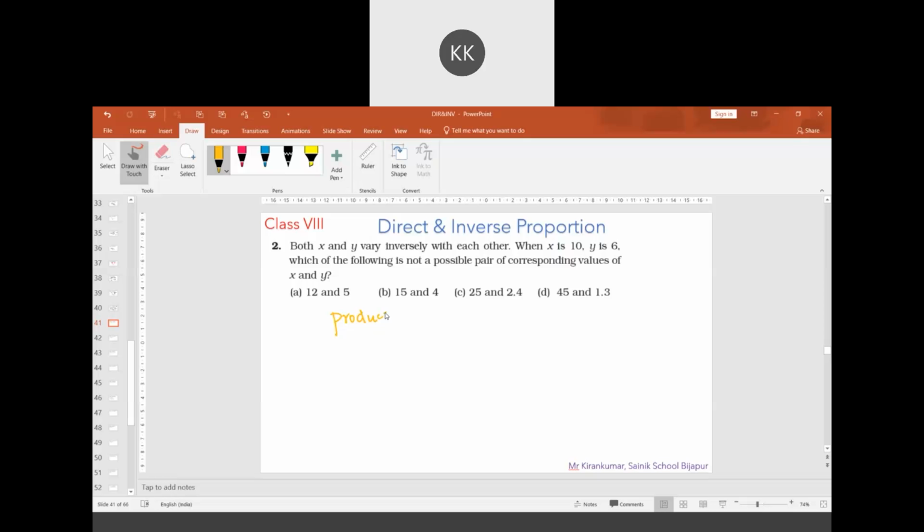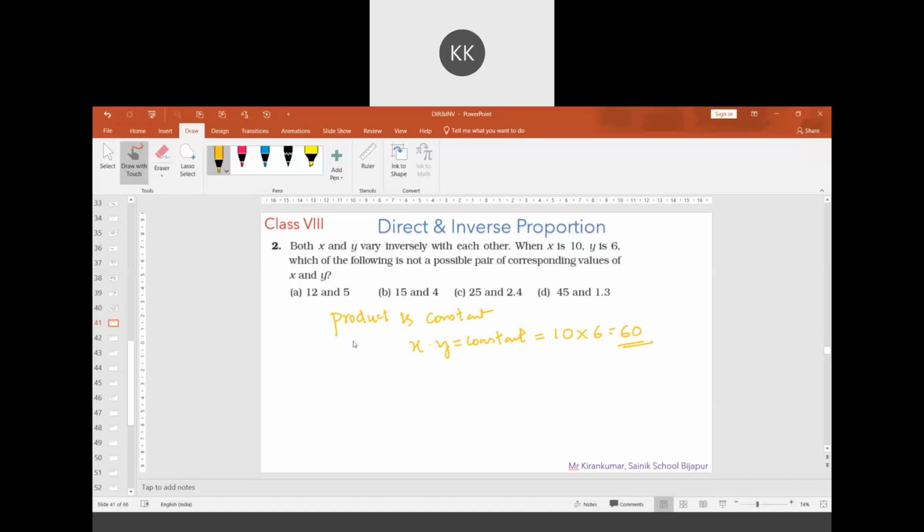In the previous one, the ratio was constant. In this, the product is constant. It means that x into y is constant. What is x into y here? It's 10 multiplied by 6, 60.